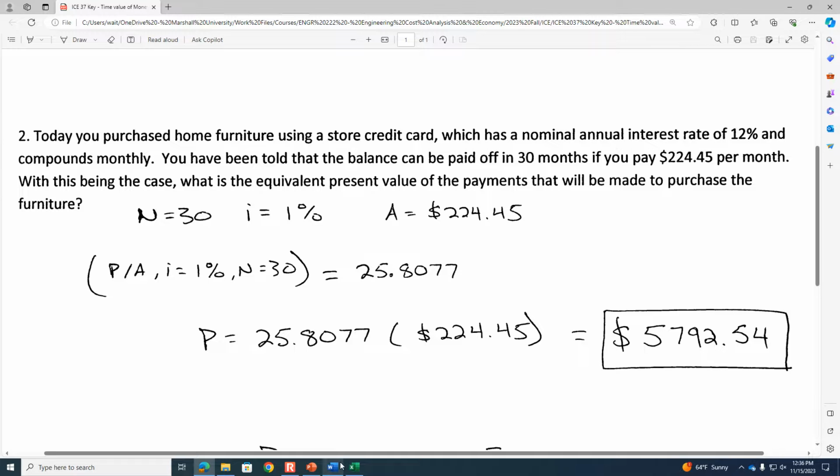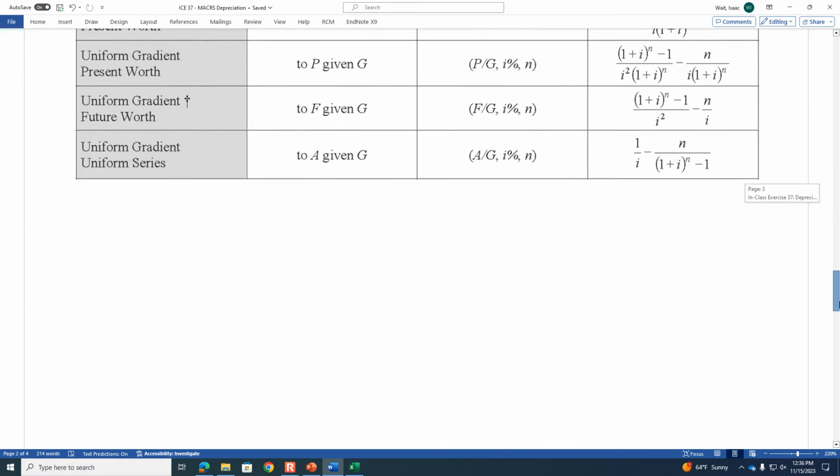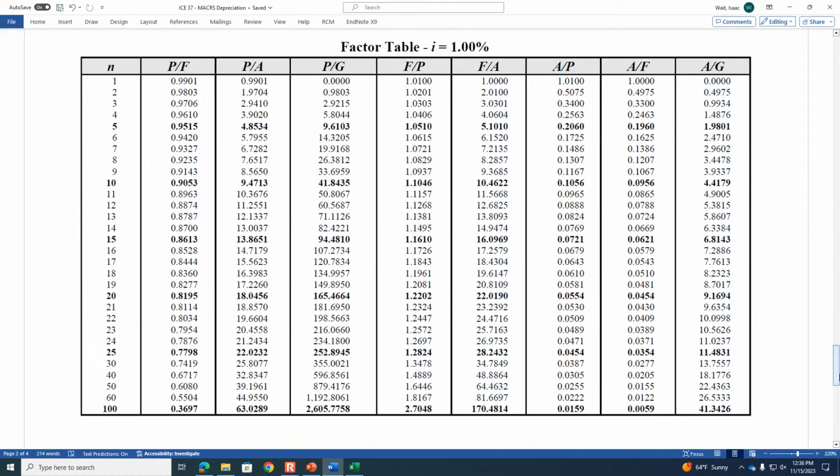And in this one, we do have a 1% factor table. If we look at the provided equations and factor tables, here's the 1% factor table. And it's talking about making a purchase now and trying to find out, based on the payments, what's the present value of it.